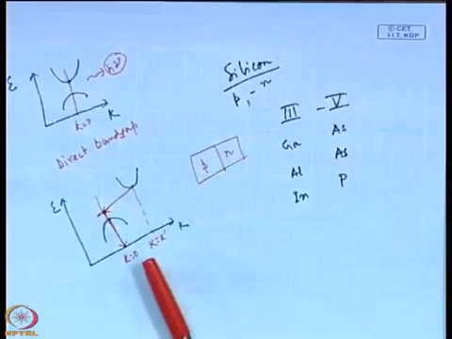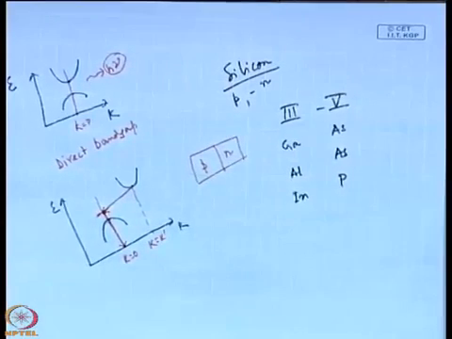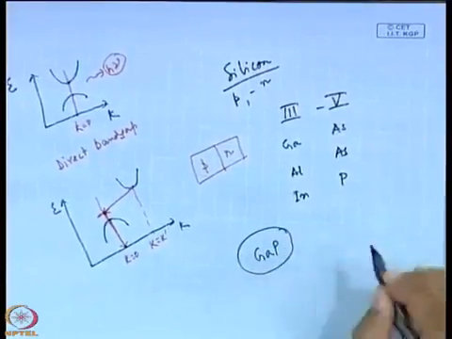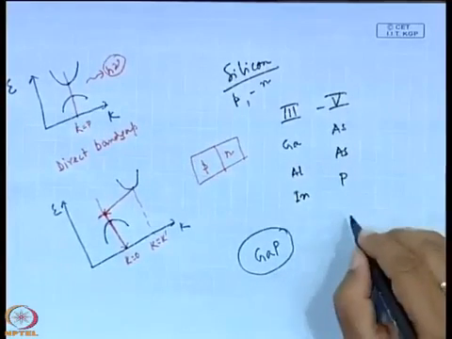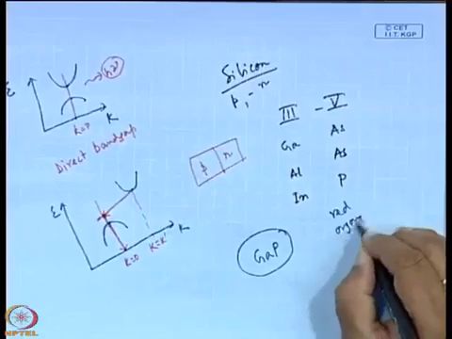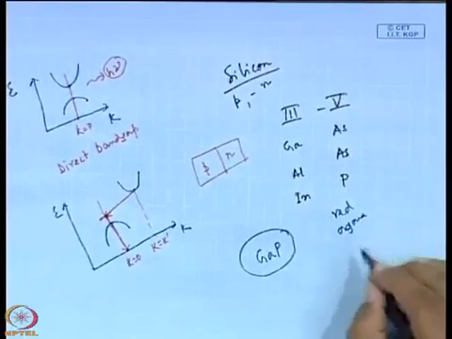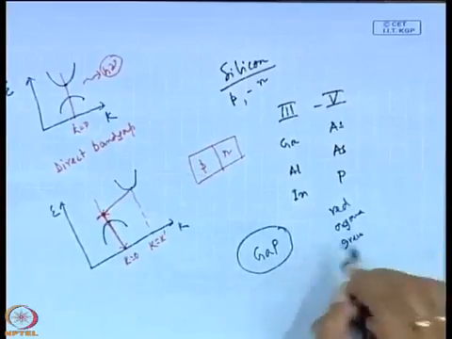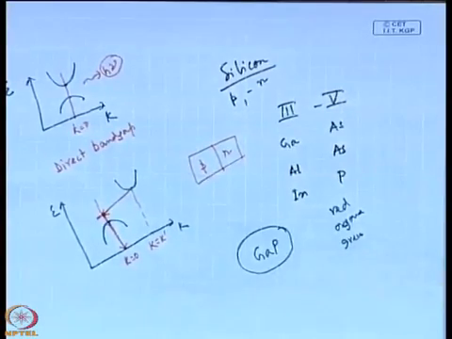Normally, the indirect band gap semiconductor is not used, though there are several examples where we do use it, particularly gallium phosphide, which is used for making light emitting diodes in the region of red, orange and green. This is due to the impurity added to the gallium phosphide material.